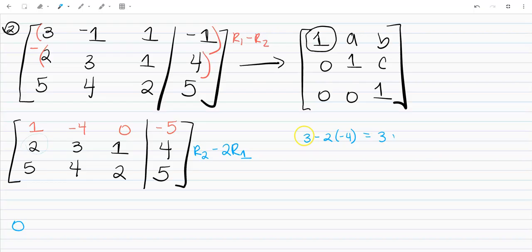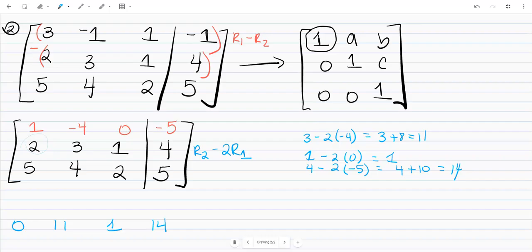This gives me 3 plus 8, which gives me a positive 11. I now have 1 minus 2 times 0, which is just 1. And then I have 4 minus 2 times negative 5, which is the same thing as 4 plus 10, which gives me 14. This is my new row 2.